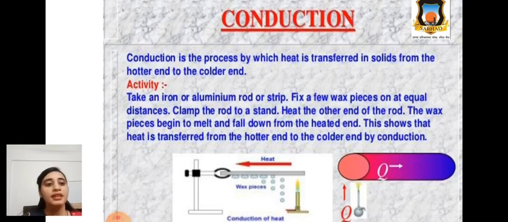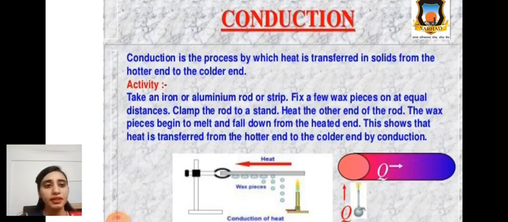See, this activity is on an iron or aluminium rod, or you can take a strip, but don't use paper. Only use an iron or aluminium rod. Another activity after this we do on our gas burner with the help of a spoon.